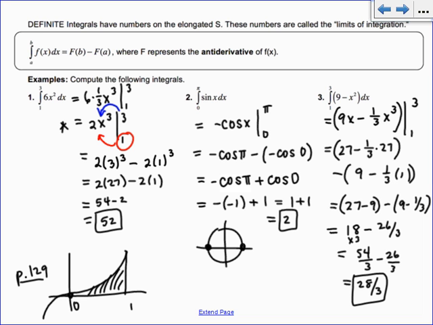Well, really what that is, is the integral from 0 to 1 of x cubed, which we can do very quickly. 1/4 x to the 4th from 0 to 1. So I get 1/4 of 1 to the 4th, minus 1/4 of 0 to the 4th. So our answer ended up being 1/4.